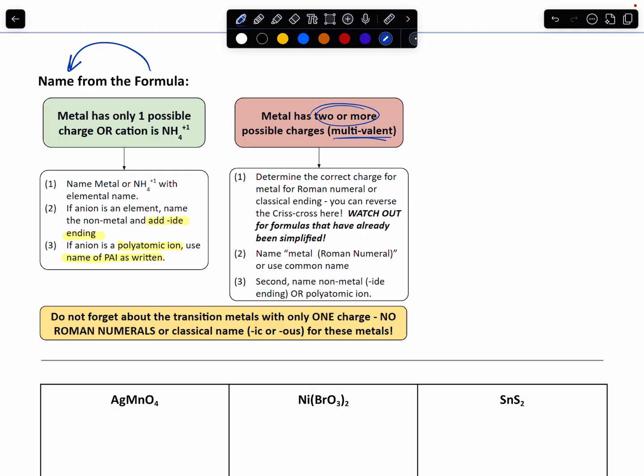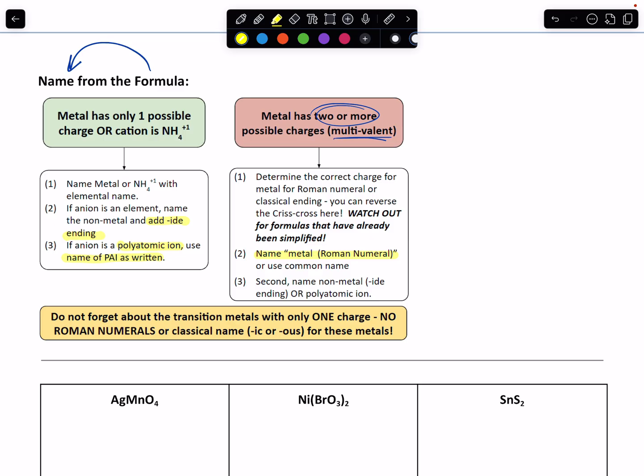Once you know what the charge is, you just name the metal and use a Roman numeral in parentheses after that metal name to indicate that charge. So if you determine that's copper and it's a +2 ion of copper, you would say copper(II). If it's lead and you determine it's a +4 ion of lead, you would write lead(IV).